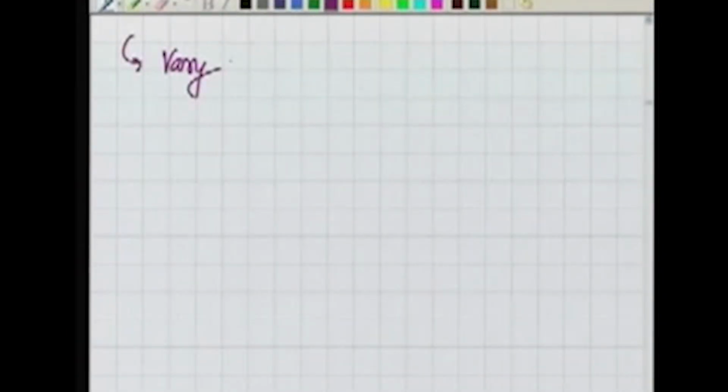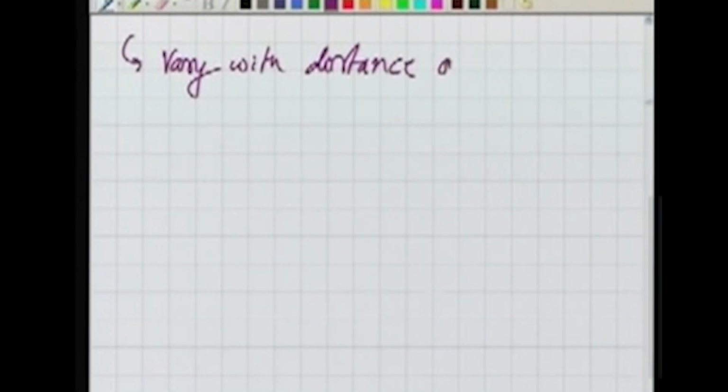This error, as you can feel, will be limited, it will vary with distance, but only within lambda by 2, because this is cyclic error. Only within lambda by 2 is an error because of the phase measurement. So only within that one cycle it will vary, it will not affect anything more than that.